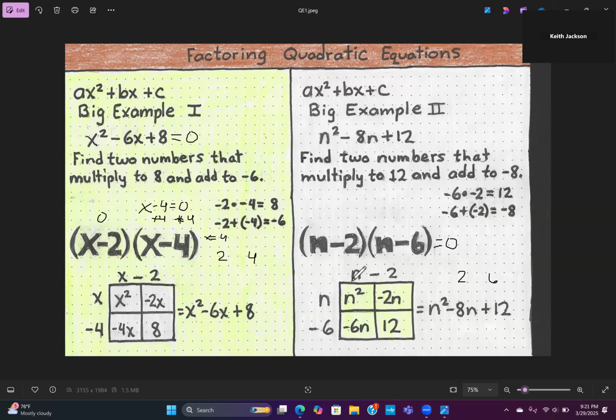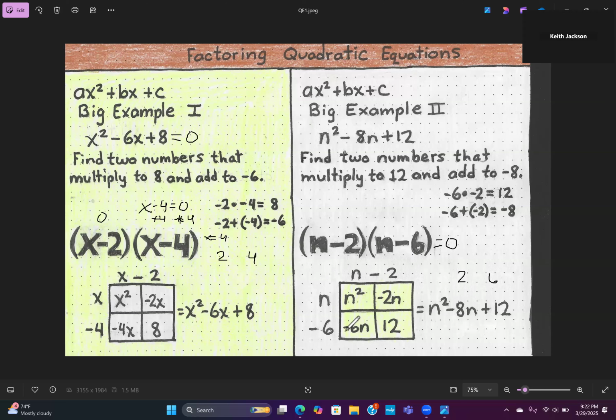We can also prove that n minus 2 and n minus 6 would give us our quadratic equation of n squared minus 8n plus 12. Let's try it out, because n times n will give us n squared, n times a negative 2 will give us a negative 2n, and a negative 6 times n will give us a negative 6n, while at the same time, a negative 6 times a negative 2 will give us our positive 12.